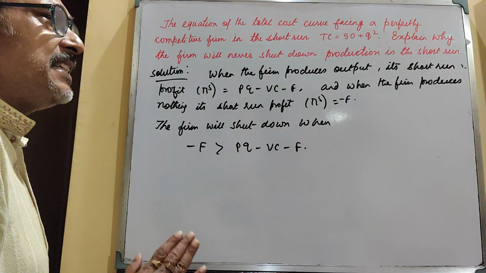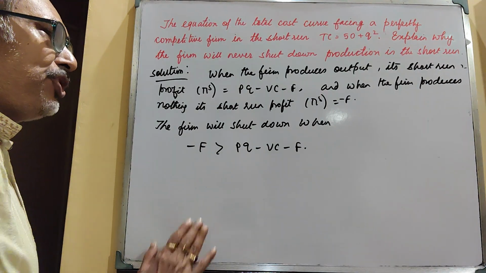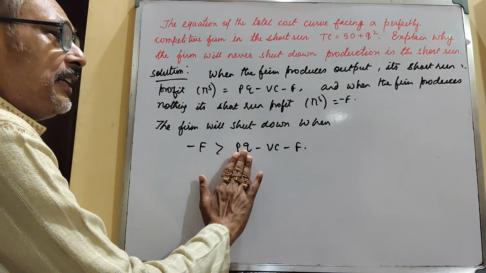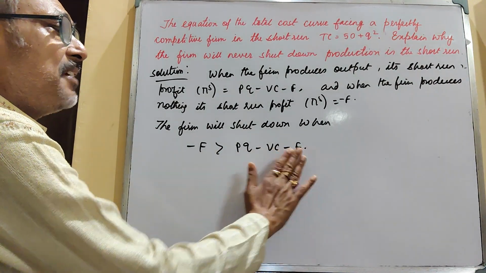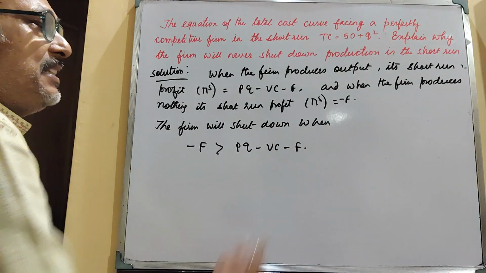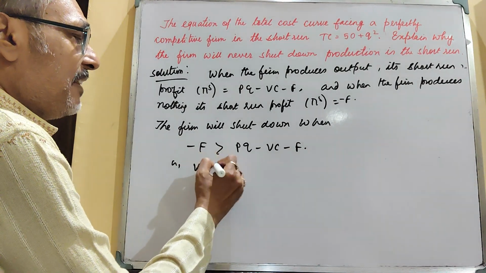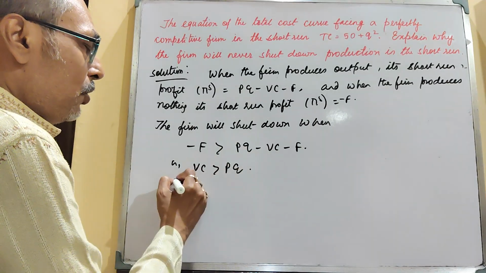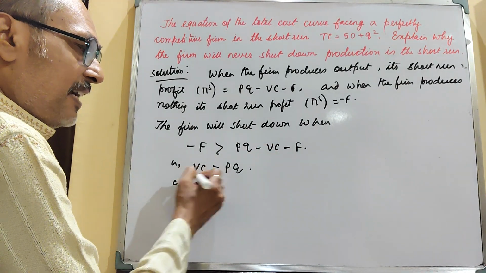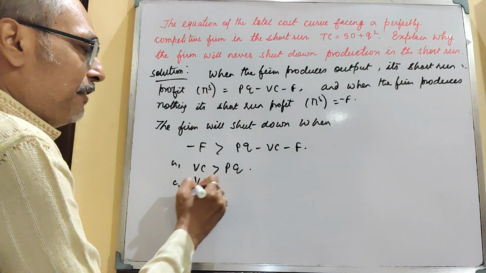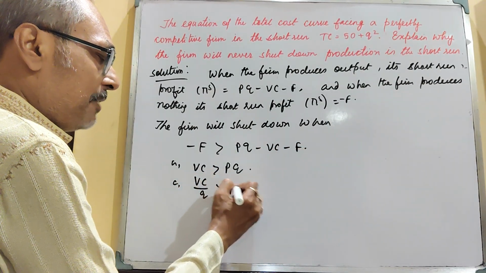Now minus F gets cancelled. Therefore VC is greater than PQ, or VC by Q is greater than P.